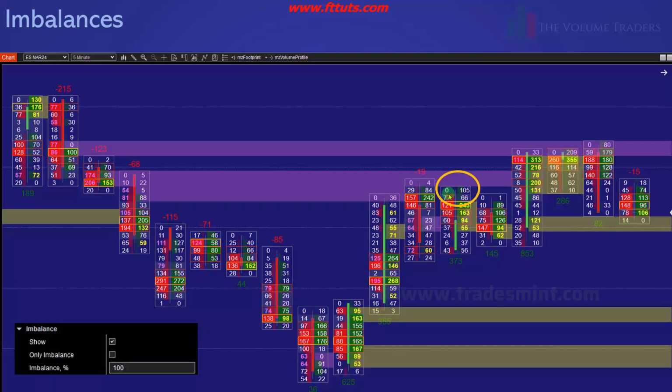But imbalances from the footprint chart are also my lovely entry levels. So these are the most important key levels for me because they are TPs and entries as well.